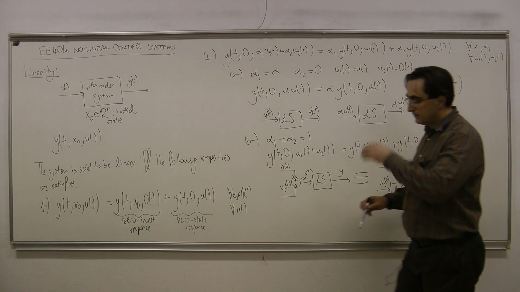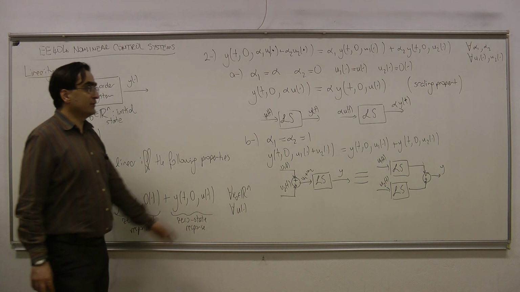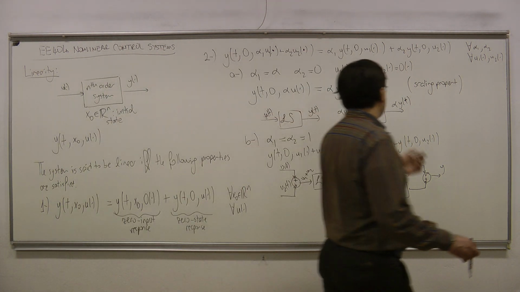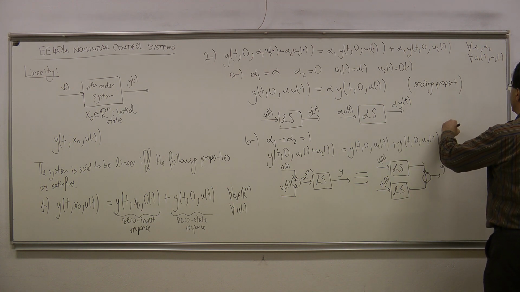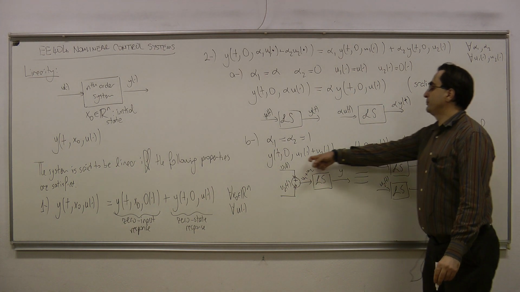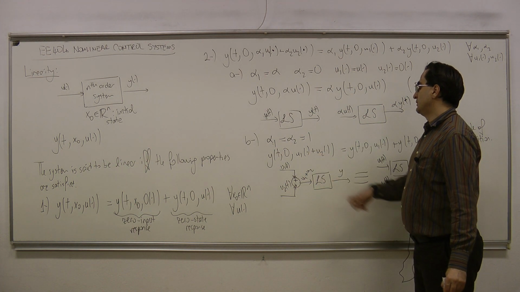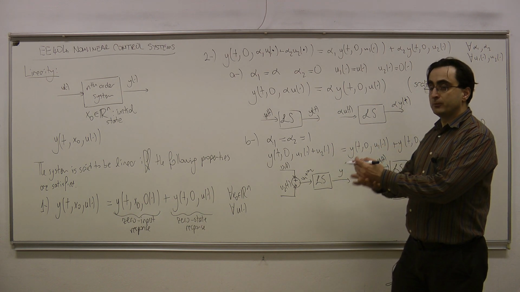This property is called, in system theory, and you must also have heard this in circuit theory courses, the principle of superposition. If I superpose the inputs, then the individual outputs to these individual inputs would be superposed.